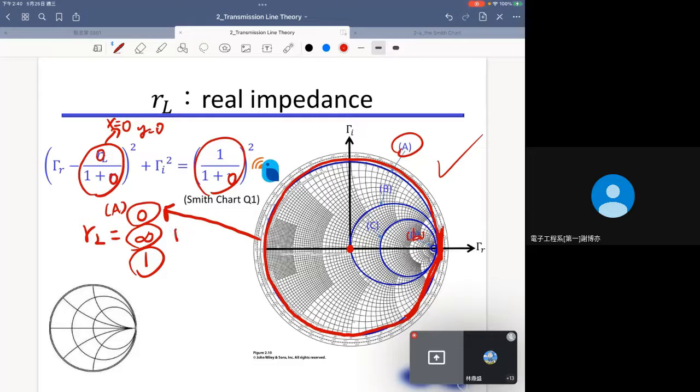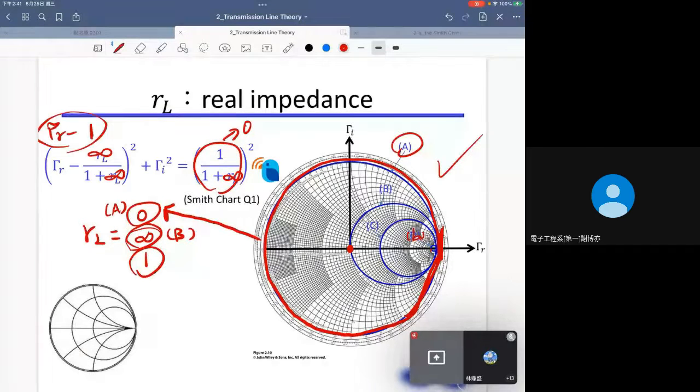For B, if RL is infinite, it means the radius equals 0, and the center of the x will equal 1 and y also equals 0.